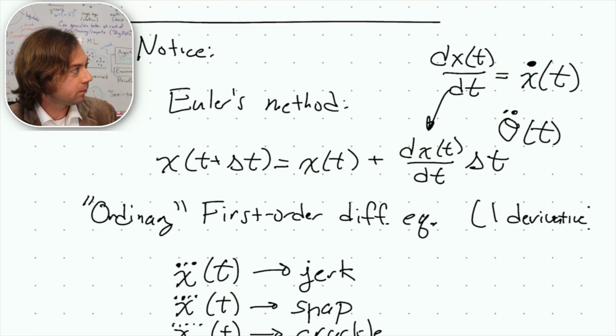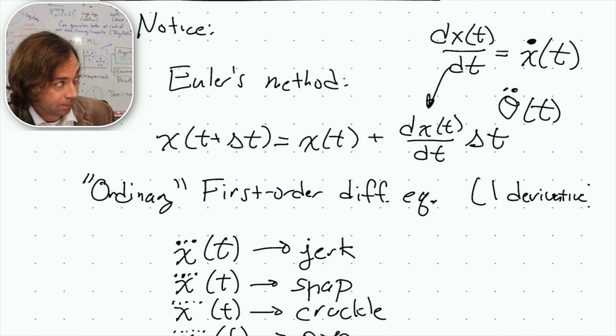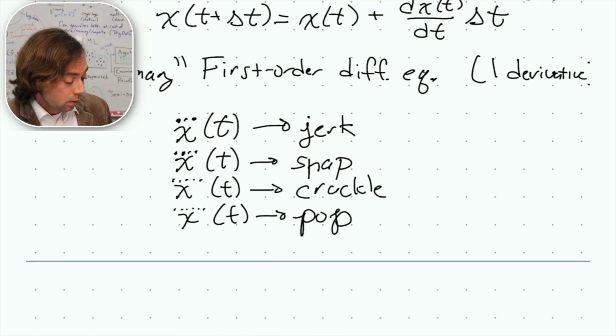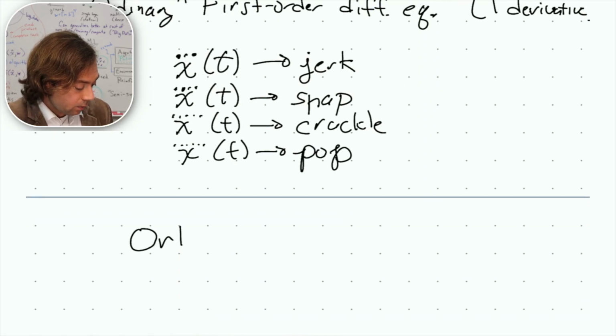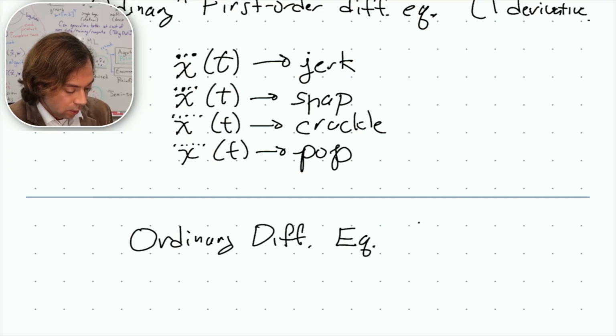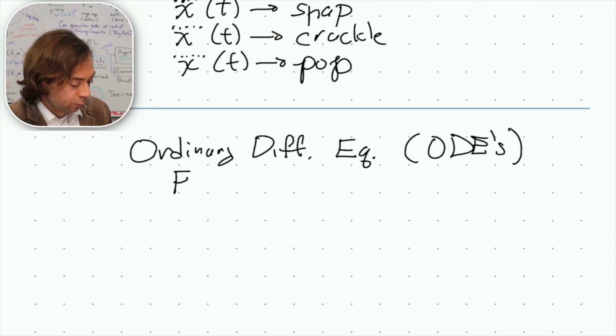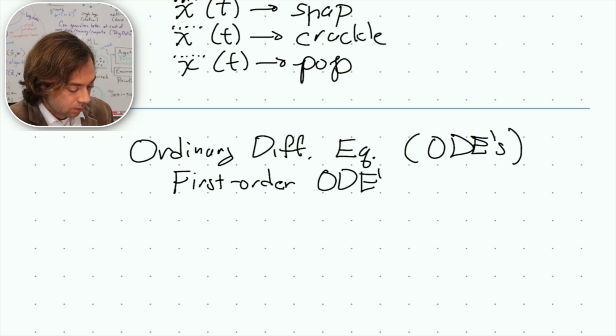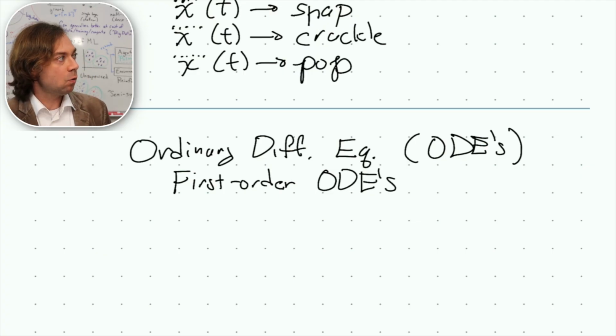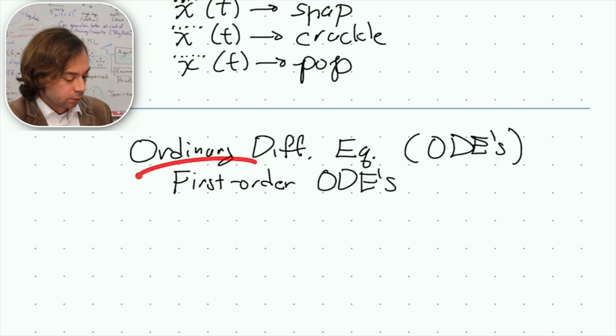So we're dealing with ordinary differential equations, diffEQs, otherwise called ODEs, and we are dealing with first order ODEs. So how do we make Euler's method work when it only works for first order ODEs?